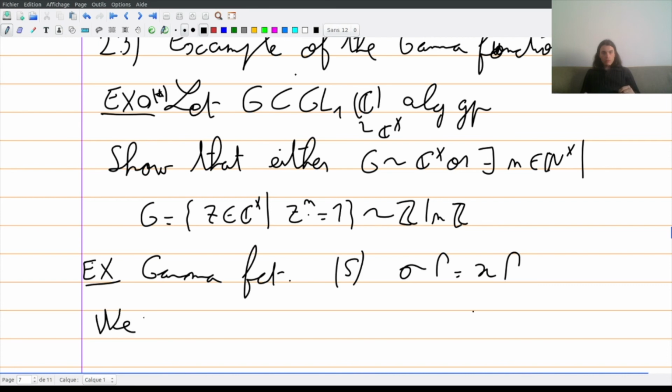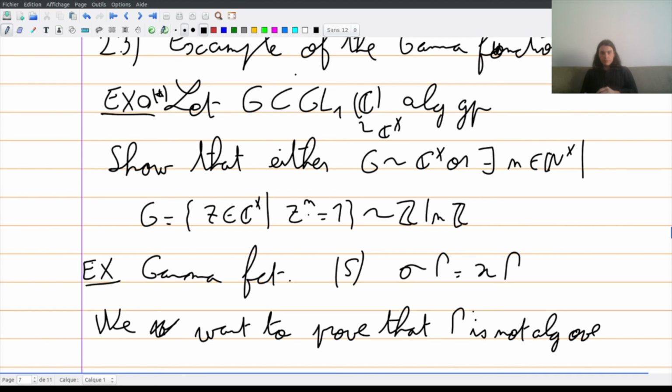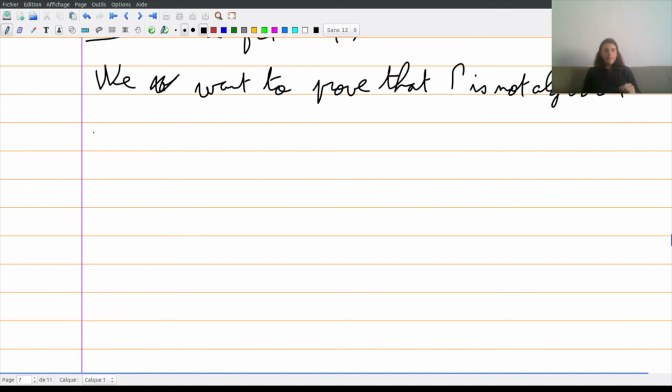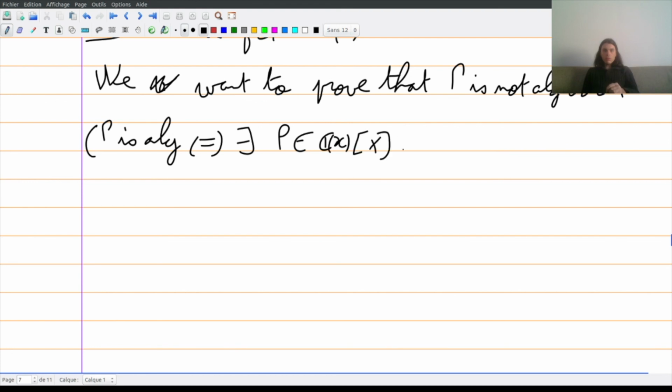So we want to prove that gamma is not algebraic over C of X. Gamma is algebraic if and only if there exists P having non-zero coefficients such that P cancels gamma.